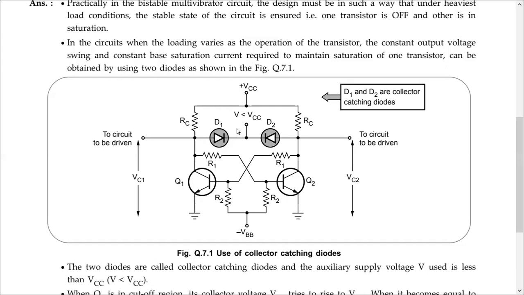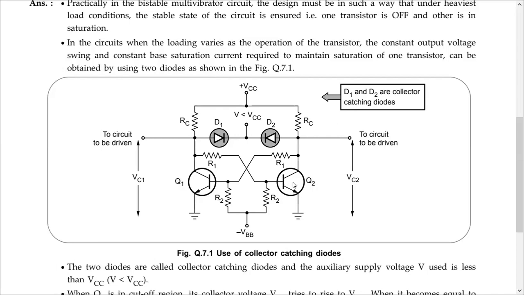So irrespective of whatever load we connect, the voltage here will simply restrict itself to V. Now, when the voltage here is V, by fixing R1 we can fix the current through the base of Q2.